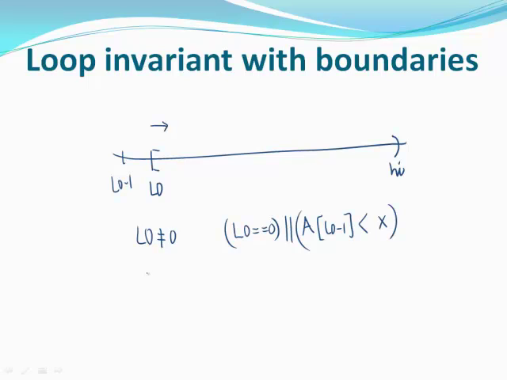And another loop invariant you can write from the high side is that either high is equal to n, that means the last element, or if high is in the middle somewhere, we do know that x must be less than a of high.